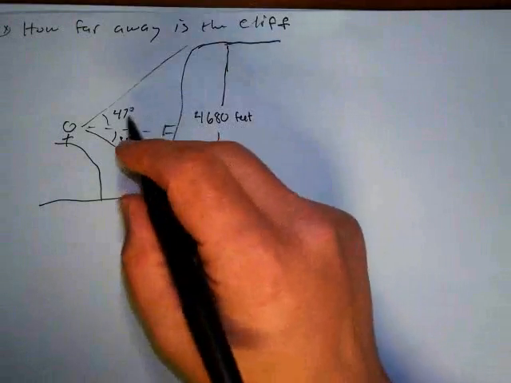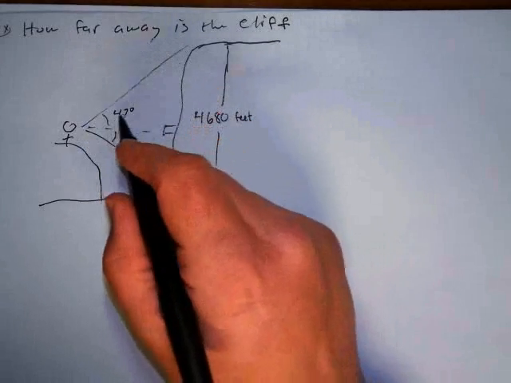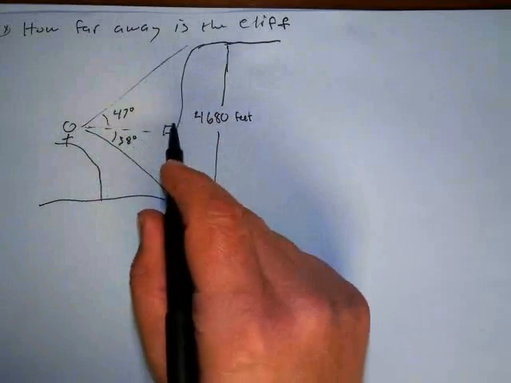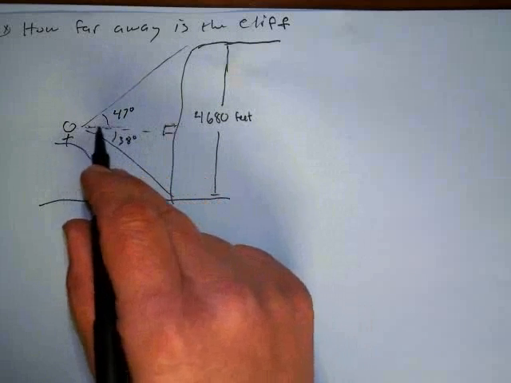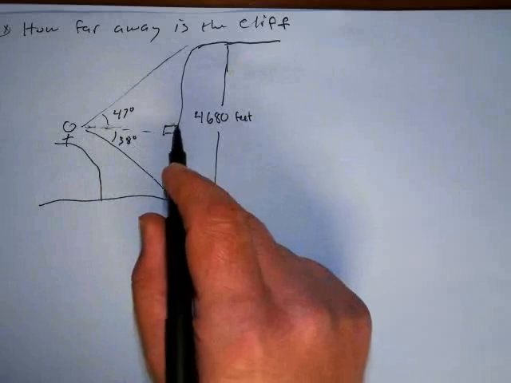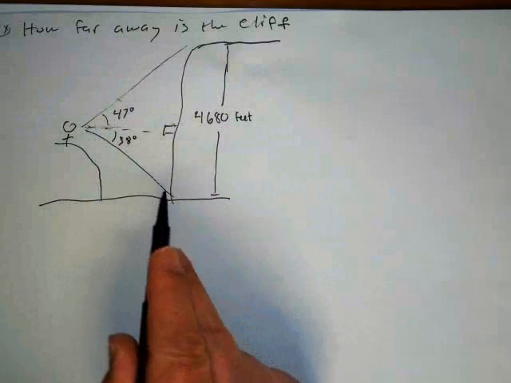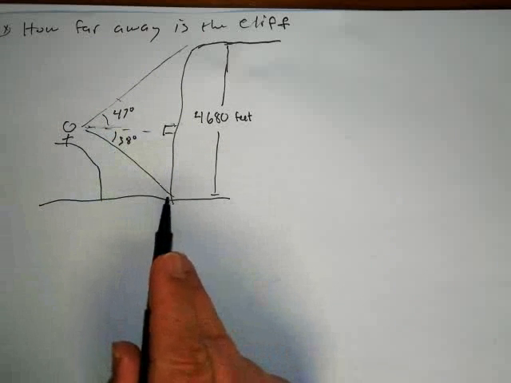He notices that his angle of elevation is 47 degrees. That means from this horizontal, it goes up 47 degrees, and then when he looks down at the bottom of the cliff, the angle of depression is 38 degrees.